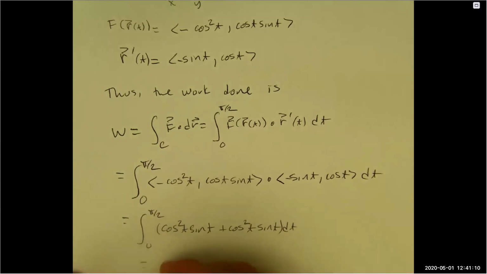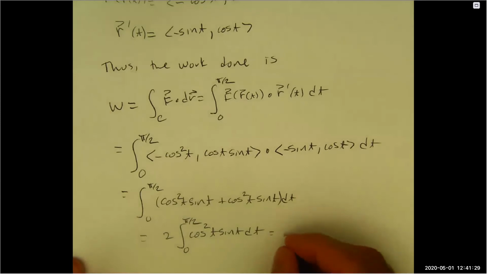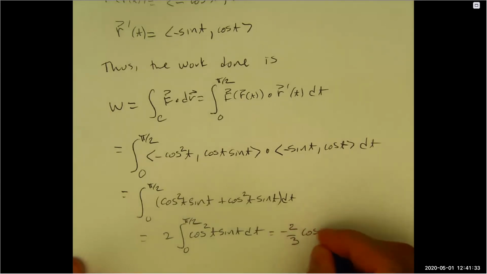And so this is just going to be 2 times the integral of cosine squared of t sine of t. So we can integrate this, and we're going to have minus 2/3 cosine cubed from 0 to pi over 2.